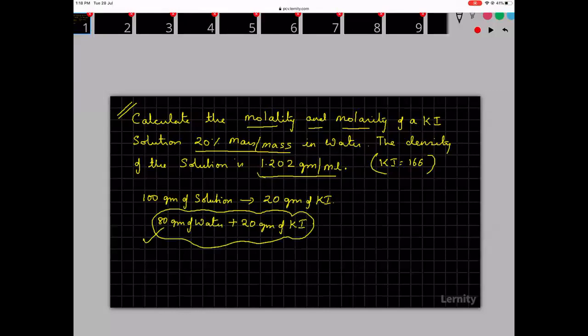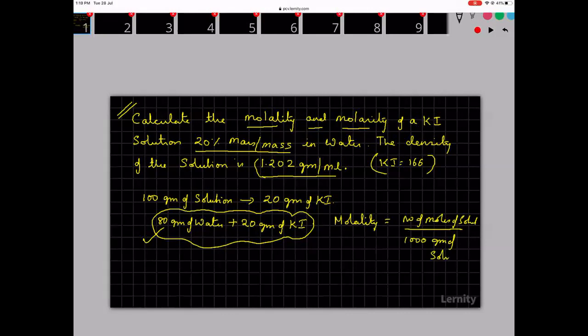Then let me look at this. What is molality? Molality is the number of moles of solute in 1000 grams of solvent, right?